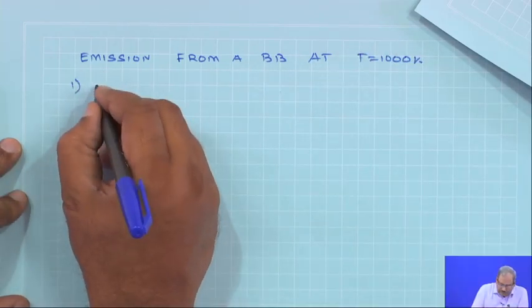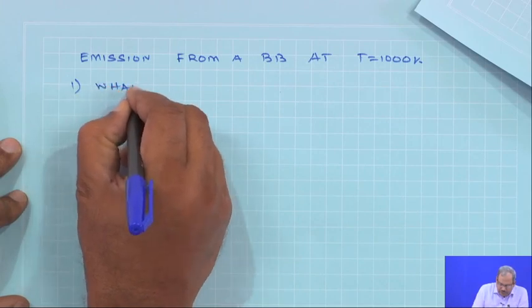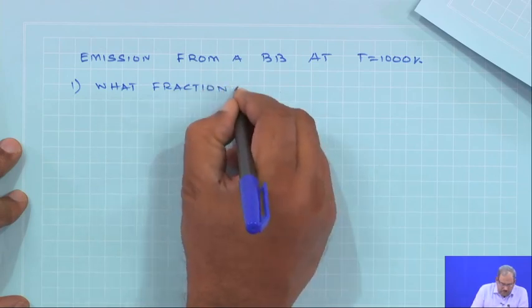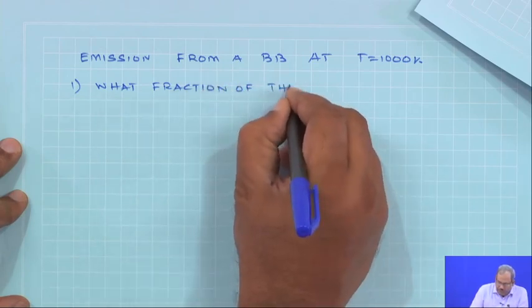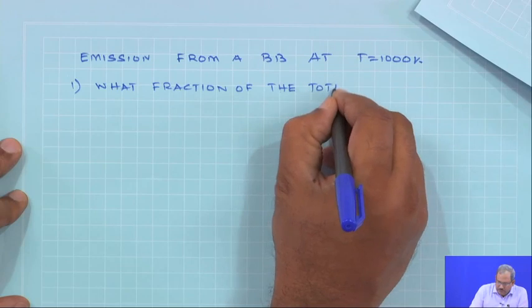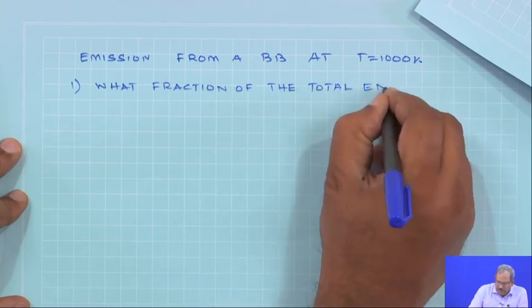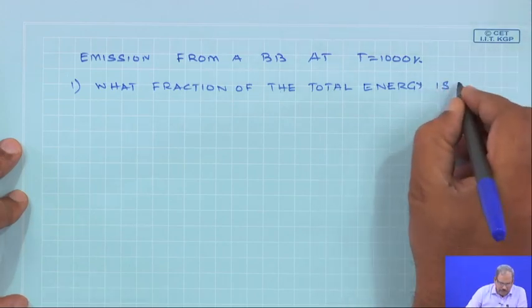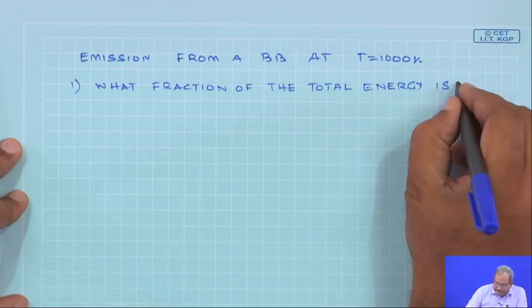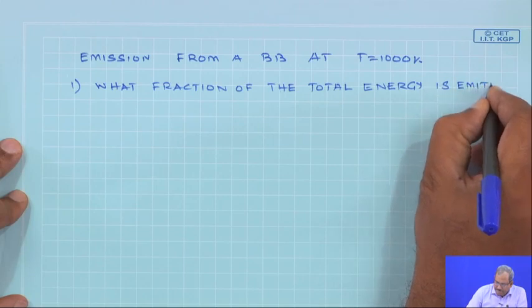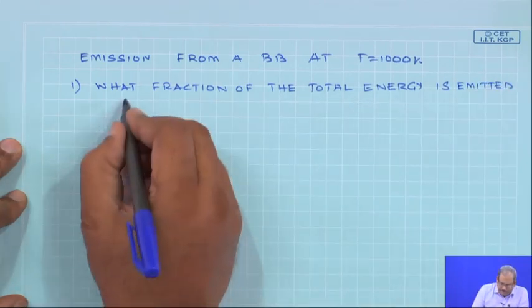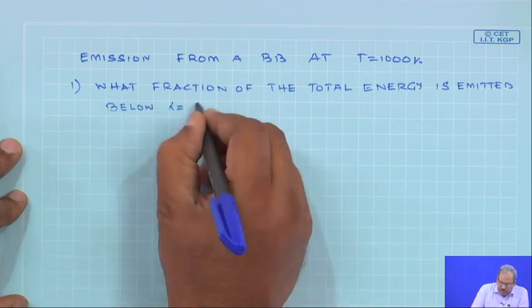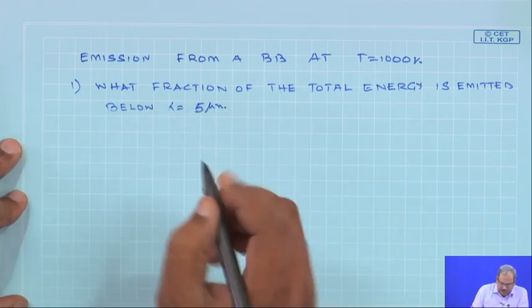The first part is what fraction of the total energy is emitted below lambda equals 5 micron. Okay.